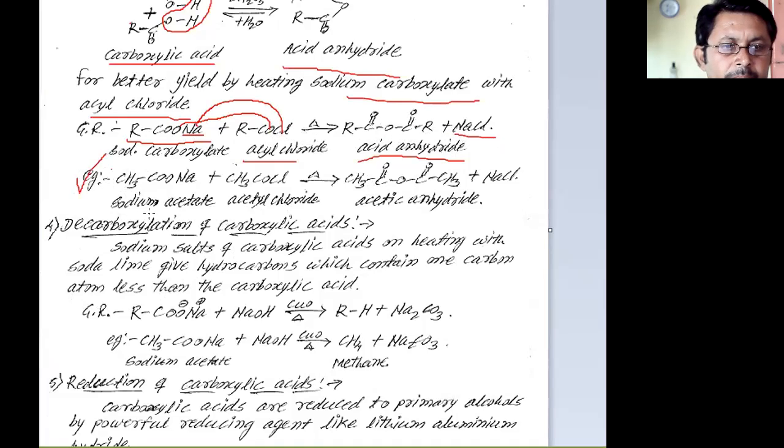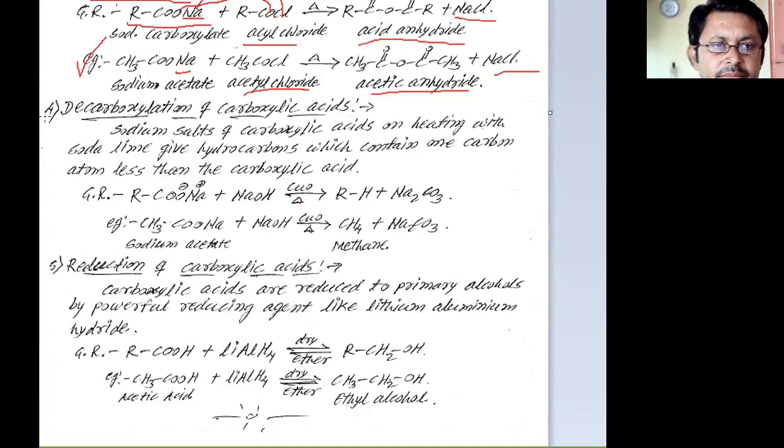For example, sodium acetate, CH3COONa, or the sodium salt of acetic acid, when treated with acetyl chloride on heating gives acetic anhydride with byproduct sodium chloride.